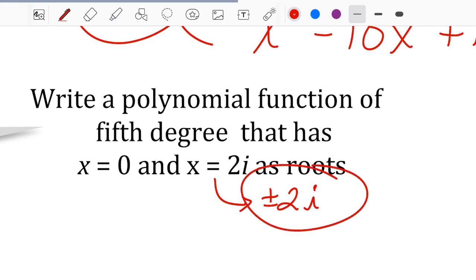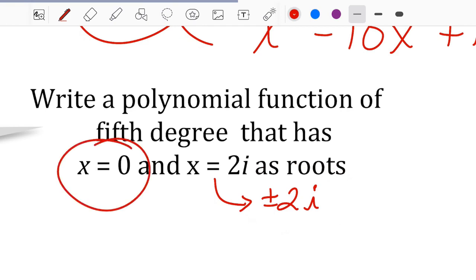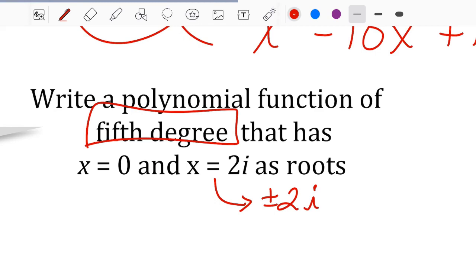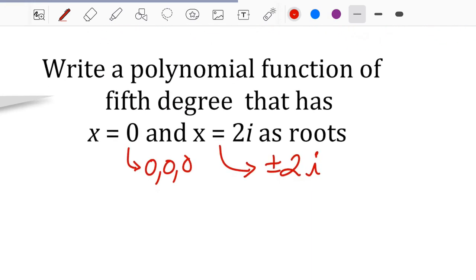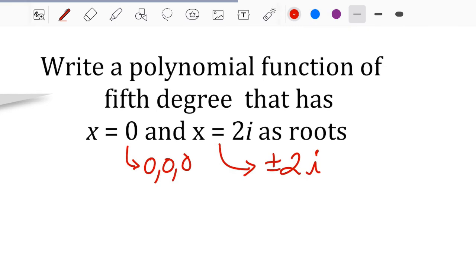Now I'm pretty sure that plus or minus 2i counts as 2 roots. This looks like it's a 3rd root, but it says 5th degree. Well, 5th degree means that I should actually have 5 roots. So the only other choice is to say, well, then I guess this 0 has to have a multiplicity of 3. It's the only other thing that I can do so that I end up with a 5th degree.